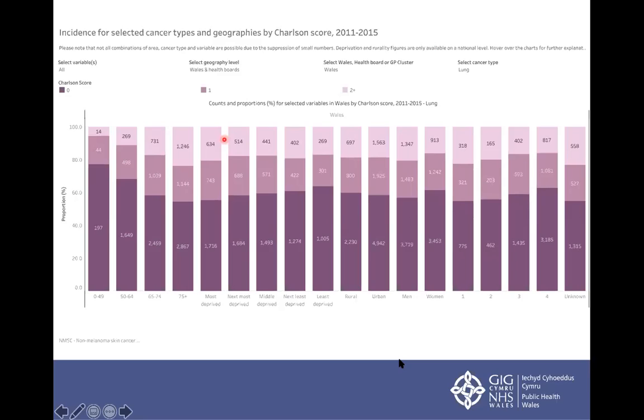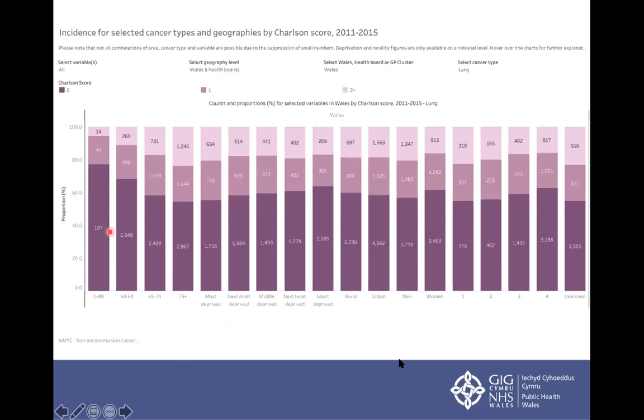What this shows is for Wales, for lung cancer, again, just as an example, you can go to our website and look at other cancers. We've got here age bands, area deprivation, rural, urban, sex, and cancer stage at diagnosis.